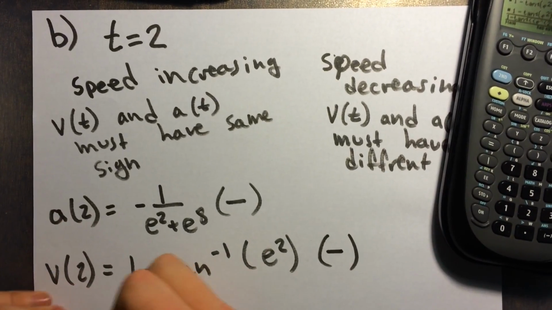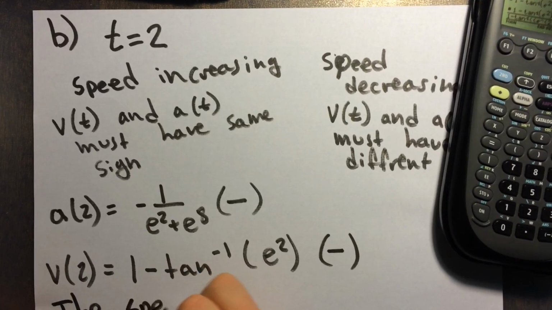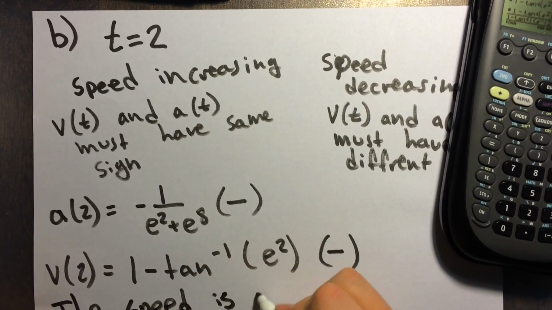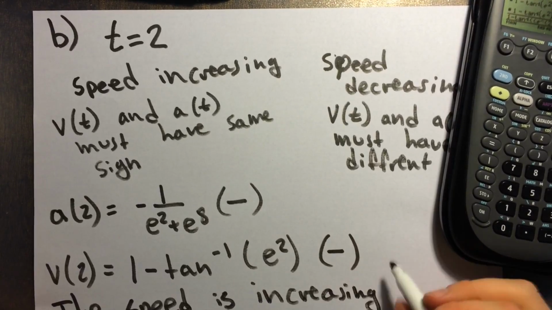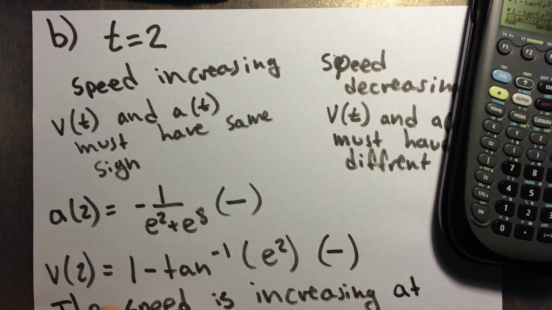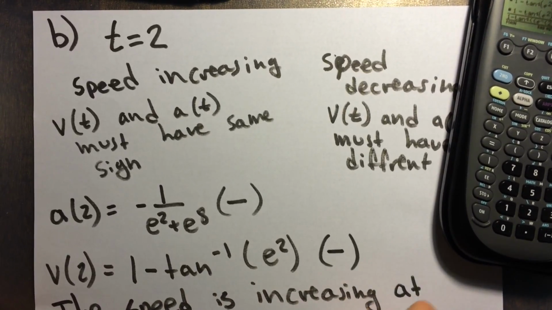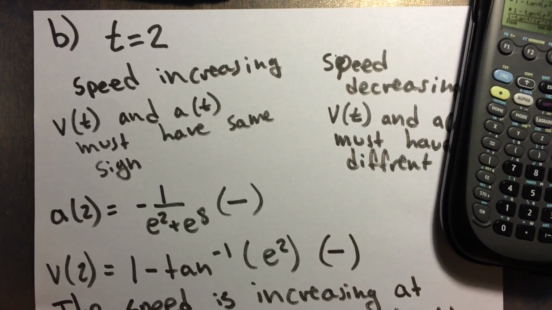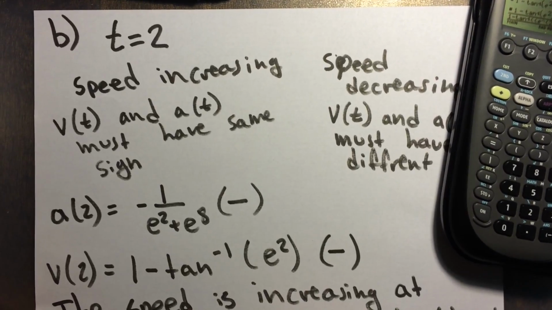So we can conclude that the speed is increasing at time t equals 2, as the signs of v of t and a of t are the same.